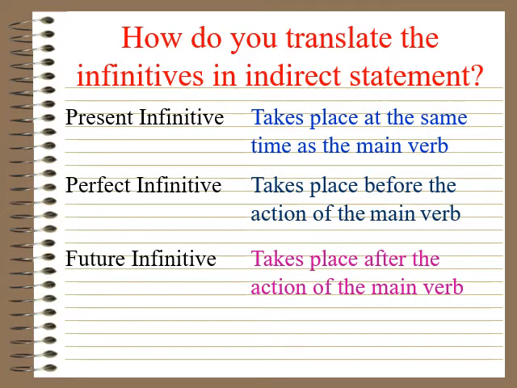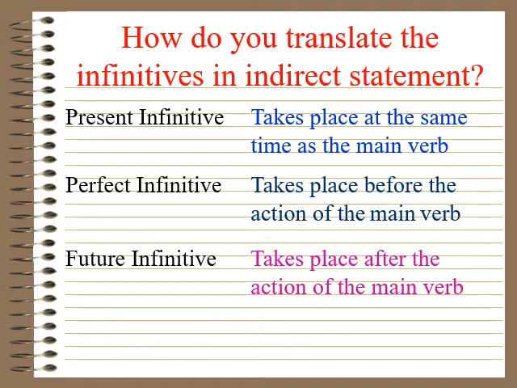So when we're talking about translating indirect statement, we're going to have a main verb of saying or telling or perceiving, from the list you just saw. It can be in any tense it wants to be in. And I think I didn't make this clear in class: you use the present infinitive when you want the action of the indirect statement to take place at the same time as the main verb.